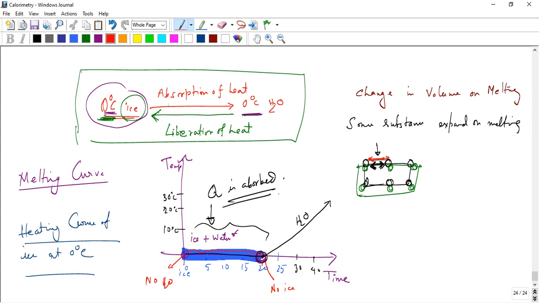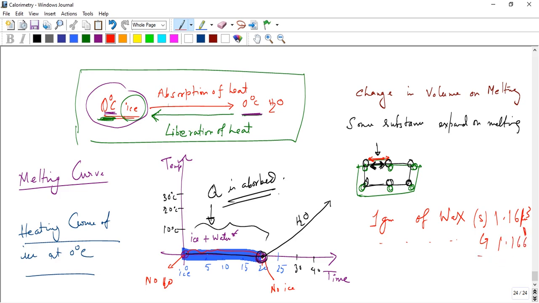For example, 1 gram of wax in solid form has a volume of 1.161 cubic centimeter, and when the wax is liquid, it is 1.166.